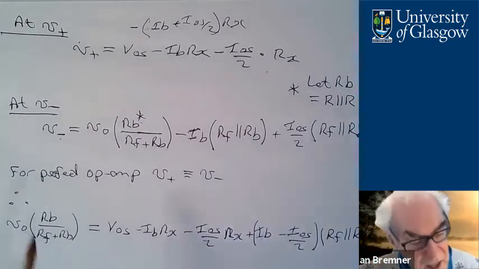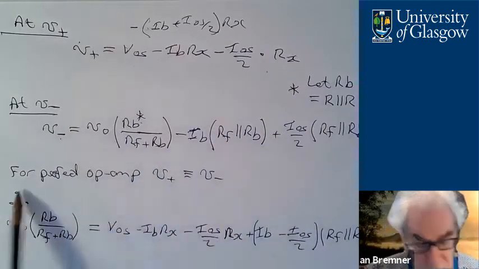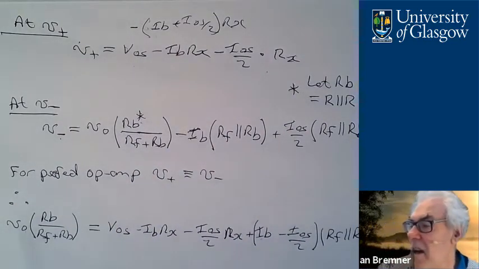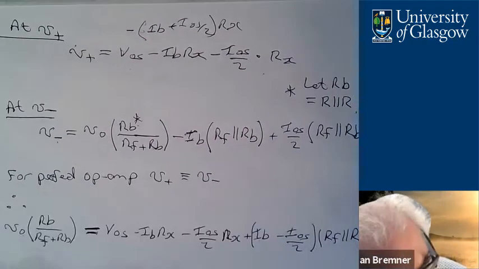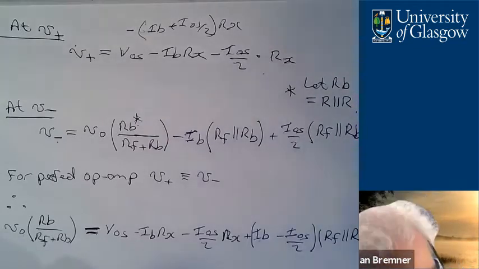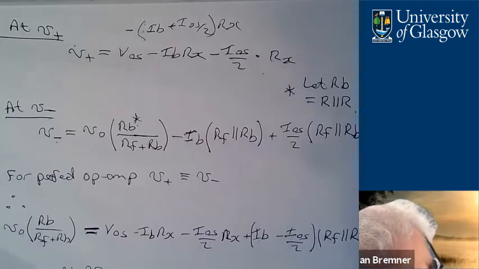And that's just taking this equation here and moving the terms around a little bit to make them all neat and tidy. So V out equals RB plus RF over RB.